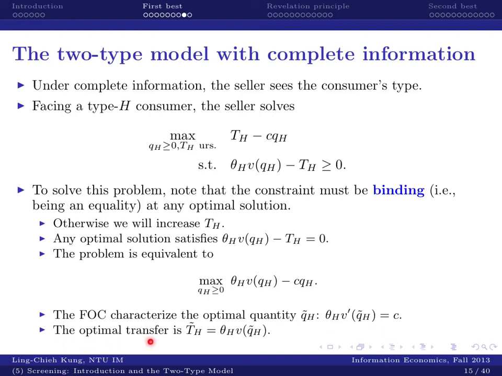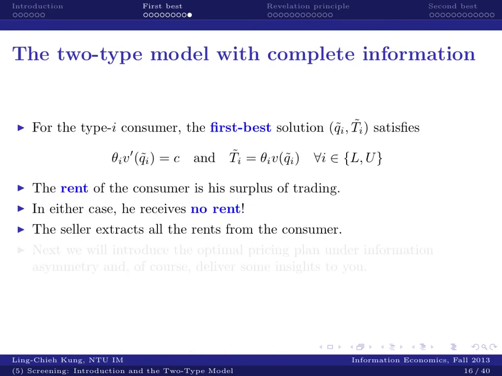And then the optimal transfer will be decided according to this equation, like this. So the same thing will happen to a type L consumer. So no matter what's the consumer's type, the first best solution will satisfy the equations we just mentioned, the first order condition for quantity, and then the binding constraint for transfer or for payments.